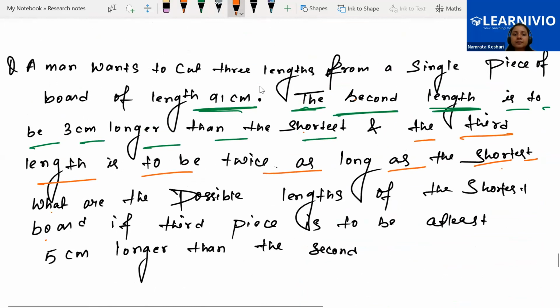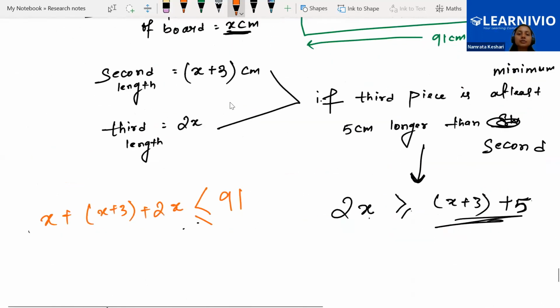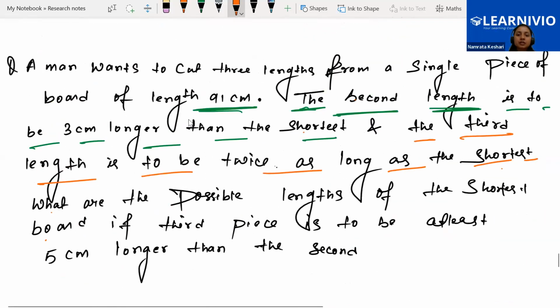Is it written? A man wants to cut 3 lengths from a board. It can be the case that the remaining part is still there, or that he has used everything. That's why it is smaller than or equals to 91 centimeters. Getting it?